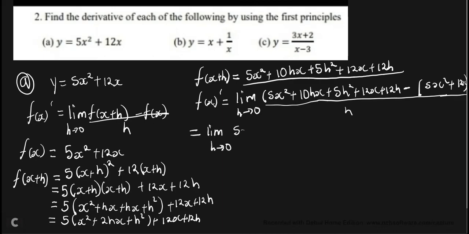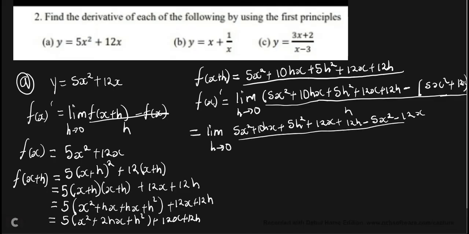Then meaning that your answer will be the limit as h approaches 0 of 5x squared plus 10hx plus 5h squared plus 4x plus 4h. Then that negative will multiply with everything there. Now what you do, you subtract those with like terms.